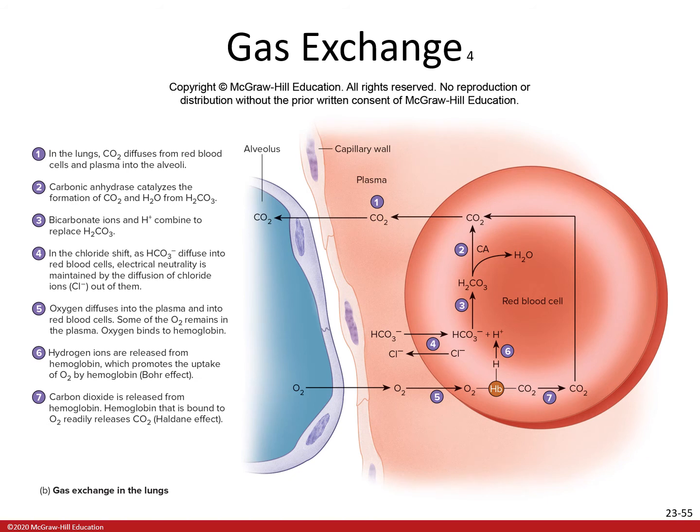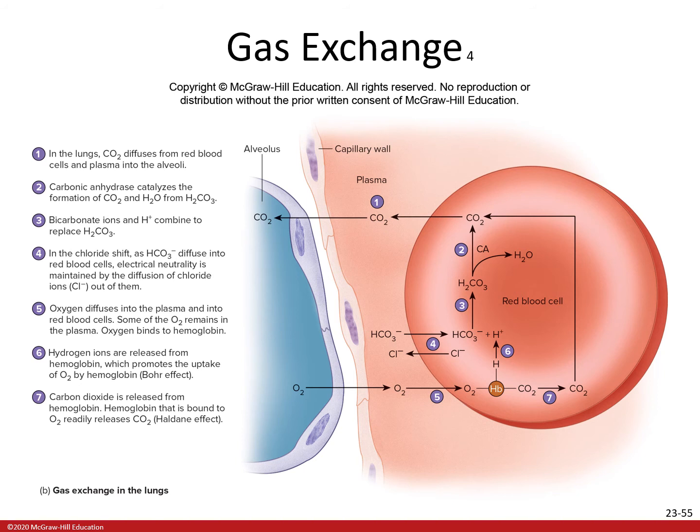Now, this is essentially that process that we were looking at before, and it looks like it's in reverse, really, because instead of oxygen going out, oxygen is coming in. So this is still gas exchange, but this is when it is occurring in the lungs. In the lungs, carbon dioxide diffuses from red blood cells into the alveoli.